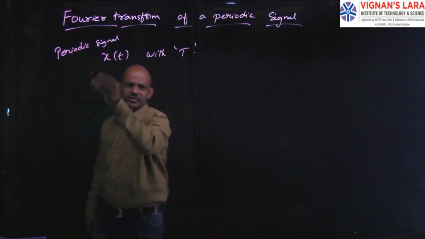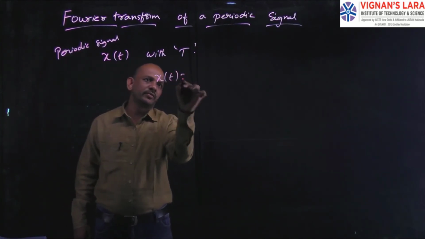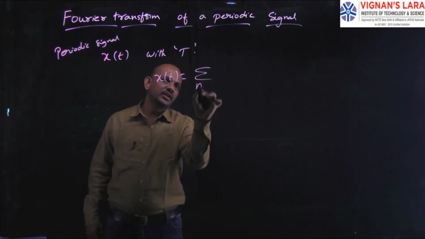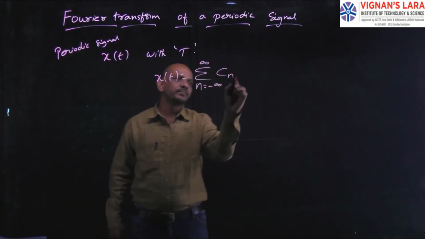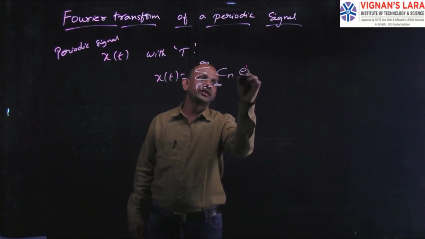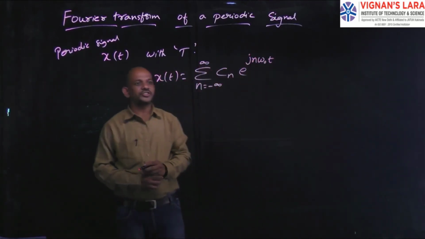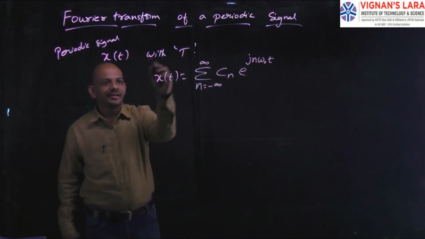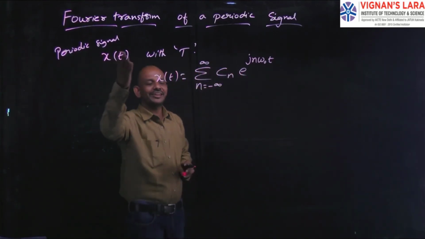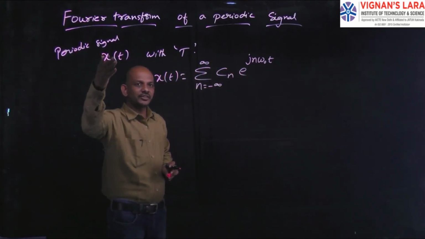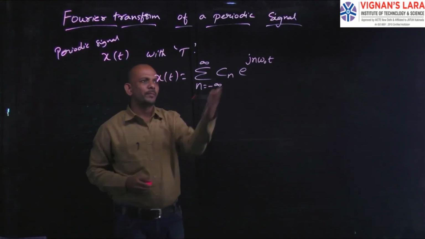So x of t will be equal to summation n equal to minus infinity to infinity Cn e power j n omega naught t. This is the exponential Fourier series representation of a periodic signal x of t, that is nothing but a sum of complex exponentials.